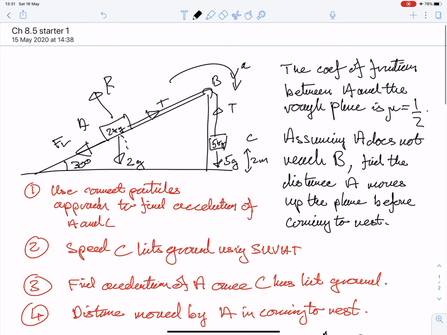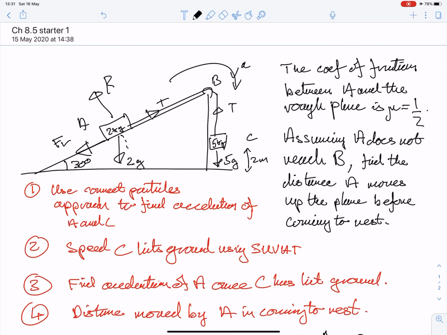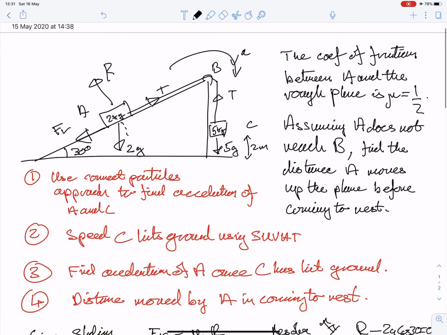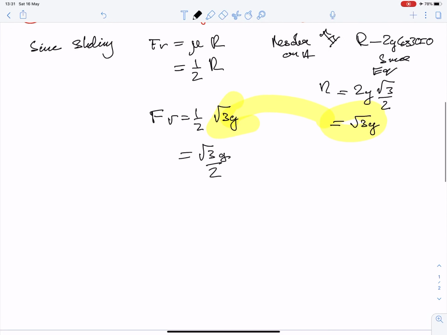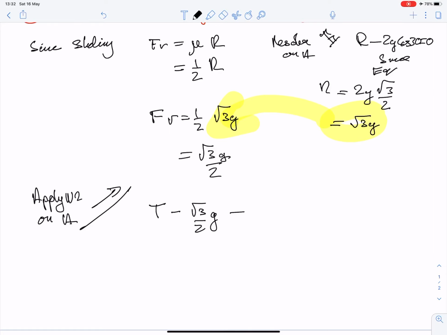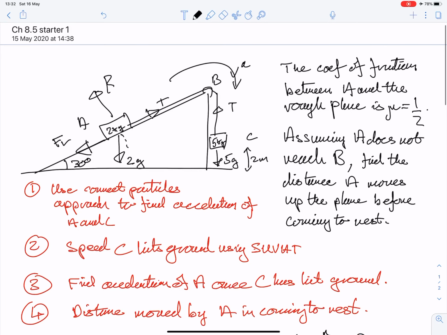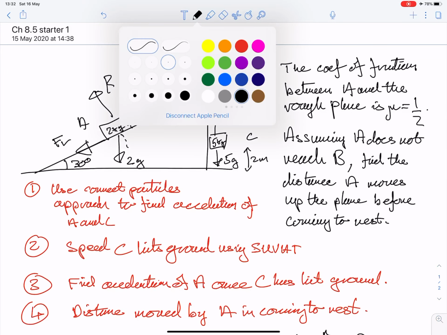We substitute that into here for R, and we've got friction equals a half, as mu, times R, which is root 3g. So we've got root 3g over 2 for the friction.